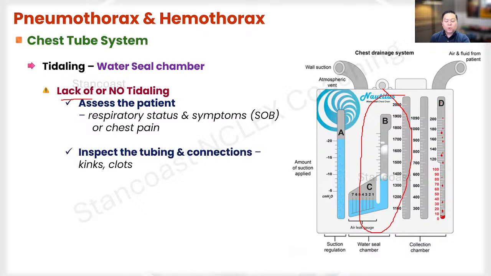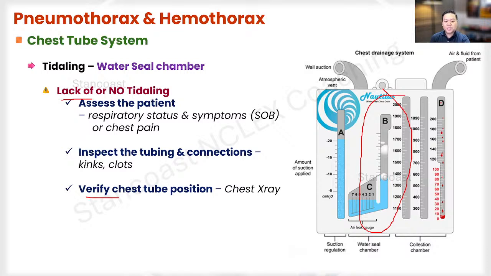Now, what you're going to do next is to inspect the tubing and also the connection. So look for those kinks, look for those clots, because these are the possible reasons why there is no more tidaling. And I'm talking about during the immediate phase post-insertion of the chest tube. So another thing that you're going to do here is to verify the chest tube position.